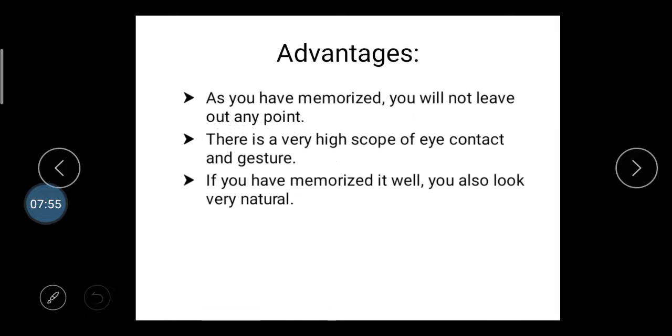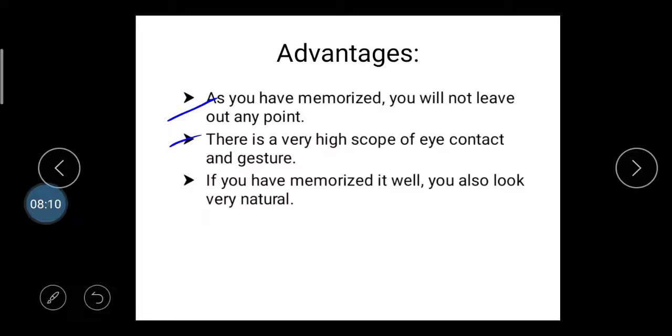So what are the advantages of the memorization speech method? First of all, as you have memorized it, you will not leave out any point. That is an advantage of this method.